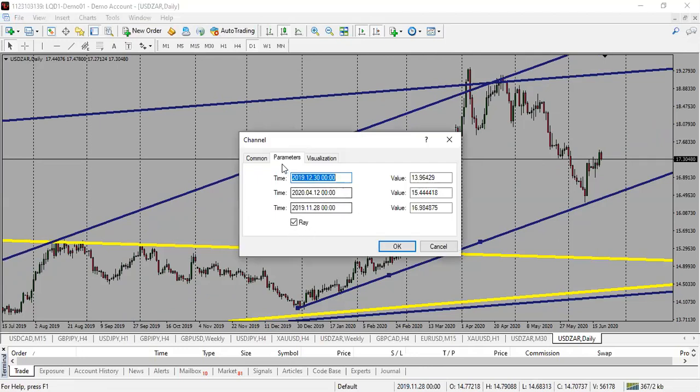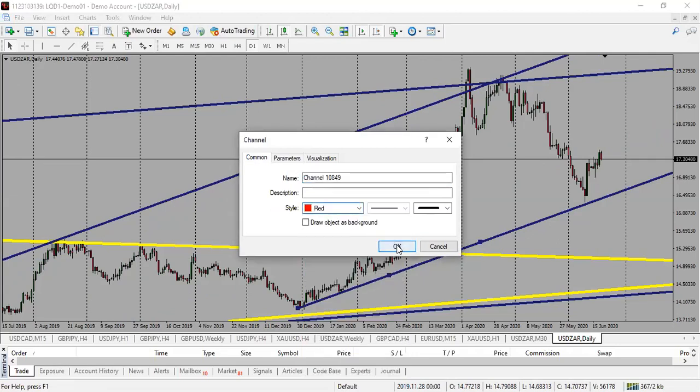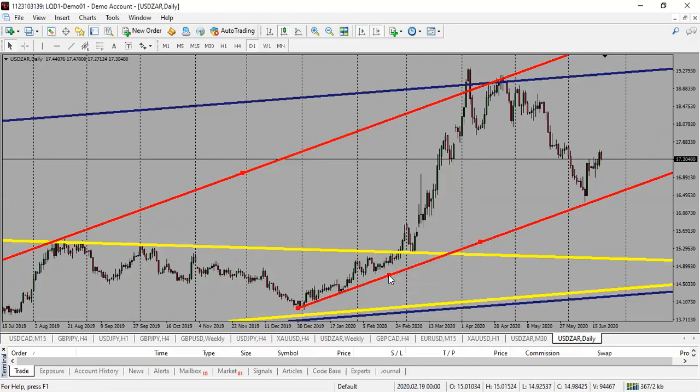Let's make it red, so that we don't get confused. We know that this is the biggest trend line that we have from a higher time frame. This is from D1.